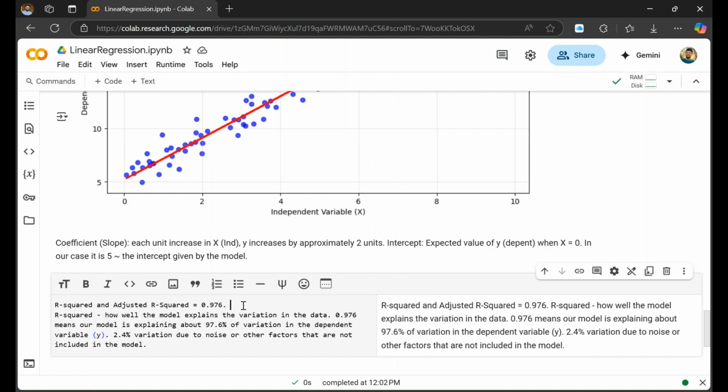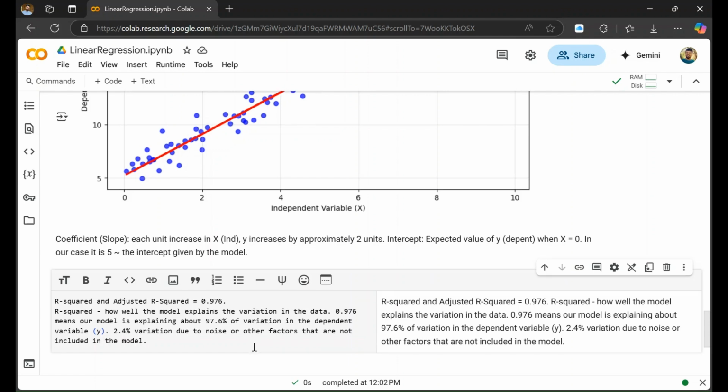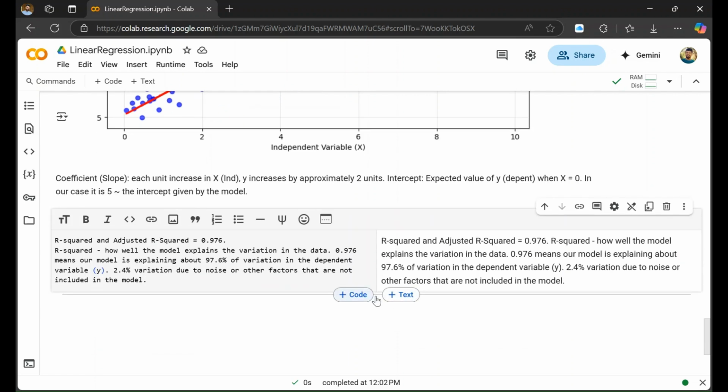Otherwise, we would have different values. It is advisable to consider adjusted R square when you are running on real world data, and based on that, you can refine your model by adding or removing unnecessary independent variables.